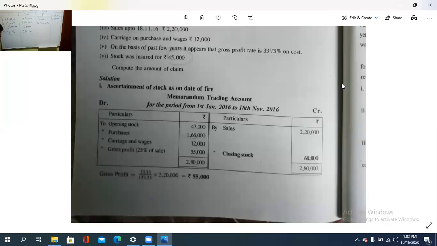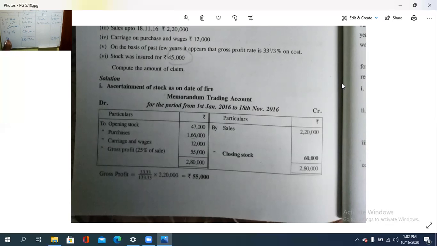Then take the total of this and subtract that. So 47,000 plus 1,66,000 plus 12,000 plus 55,000 is 2,80,000, minus 2,20,000, so 60,000 is the book value of the stock.